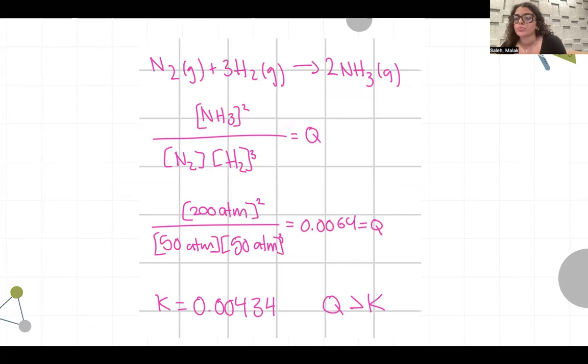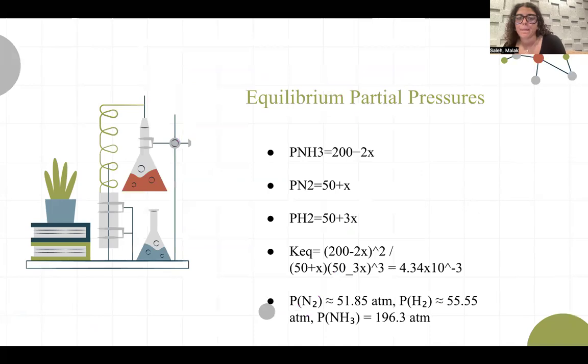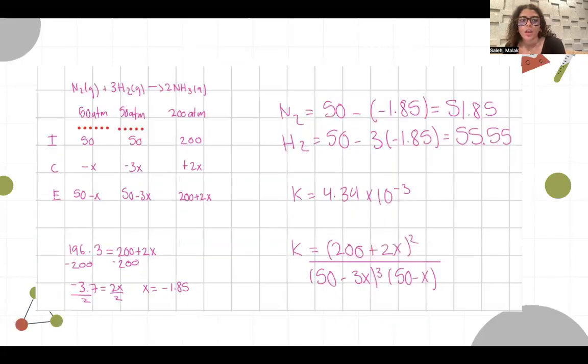For partial pressure, they told us that we have 50 atmospheres of N2, 50 atmospheres of H2, and 200 atmospheres of NH3. They also gave us an equilibrium partial pressure of NH3, which was 196.3. So I made an ICE table and put in all the values so that we can find x.